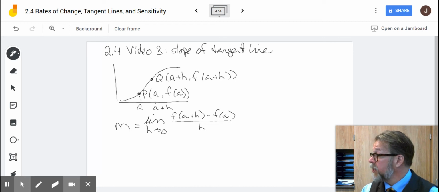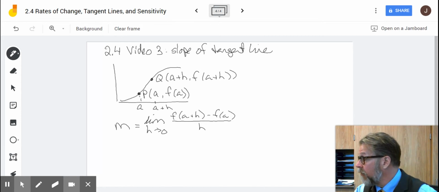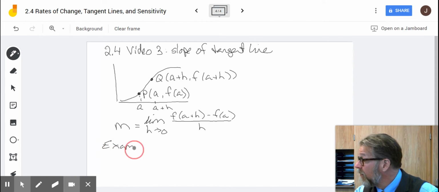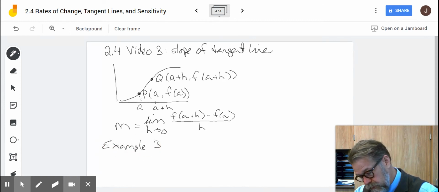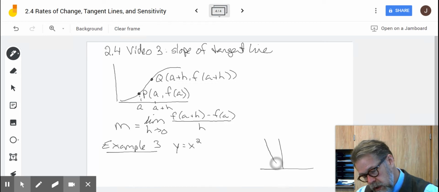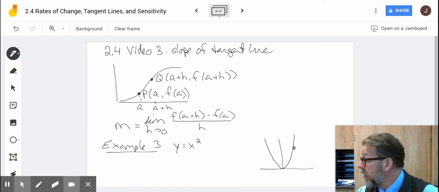So let's take a look at an example where we have the function y equals x squared. And I want to find the slope of the tangent line at x equals 2.